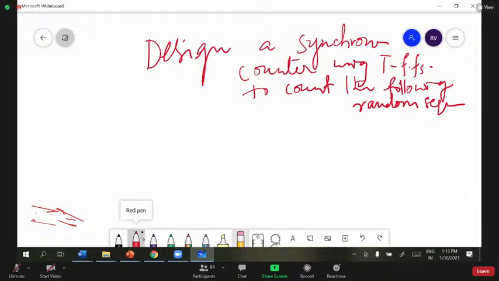Random sequence means 0, 1, 3, 5, like that I gave you.